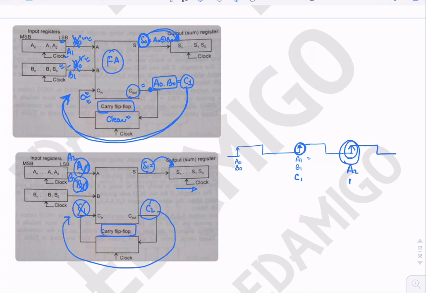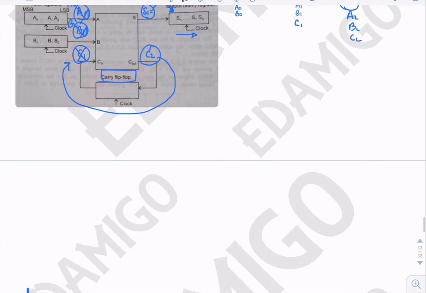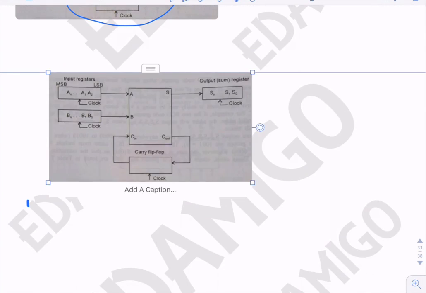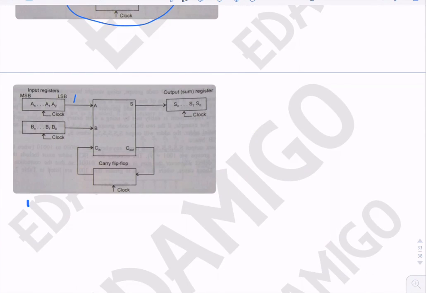So here we have A2, B2, and C2 as input to the full adder, and thus the full adder starts working with these inputs. So here we have A2, B2, and C2. So we will get S3 and C3 at the output. Okay, so they will get stored here.